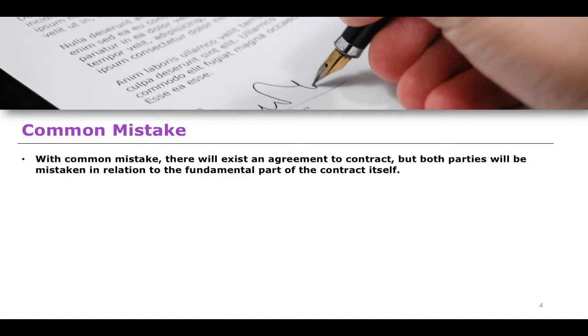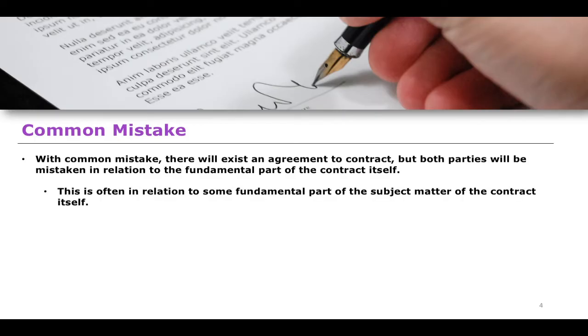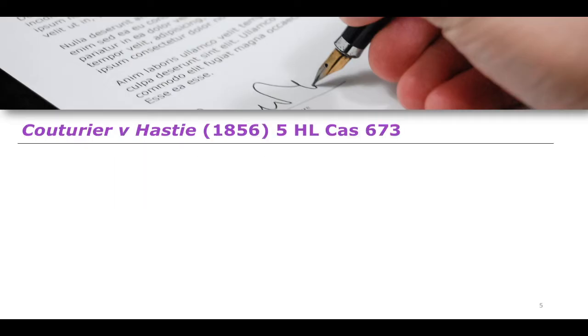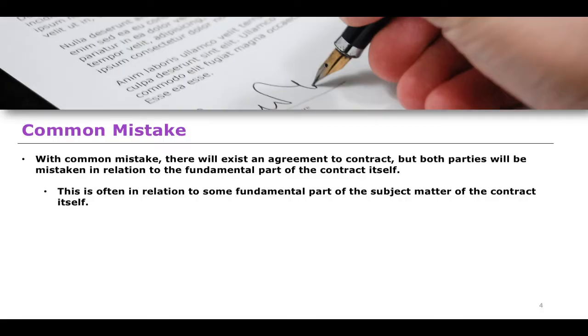So, common mistake exists where there is an agreement, but both parties are mistaken in relation to the fundamental part of the contract itself. This is often in relation to some fundamental part of the subject matter of the contract. So, they are mistaken as to what the fundamental condition of a contract may be.